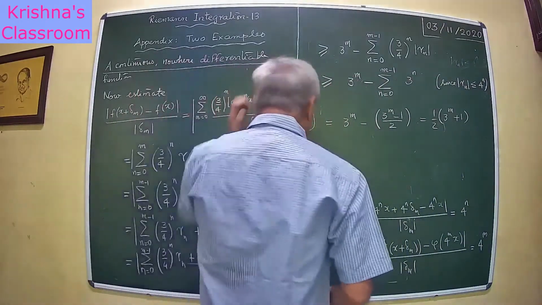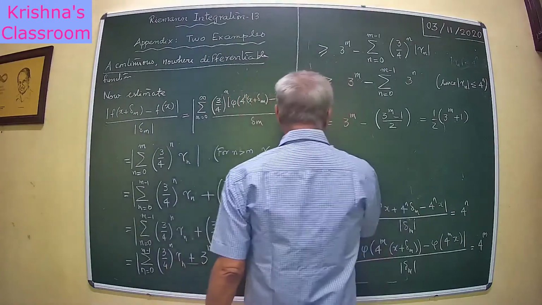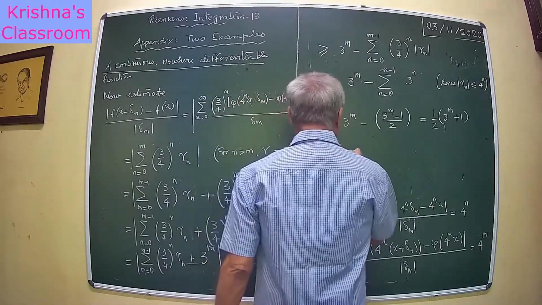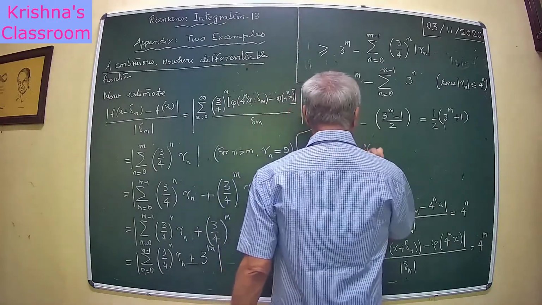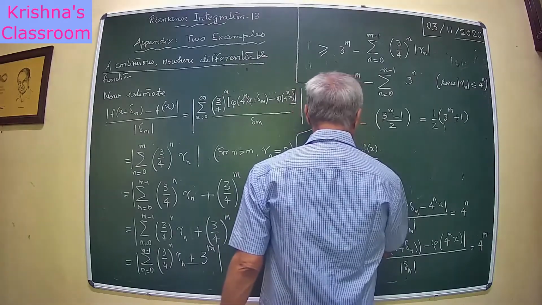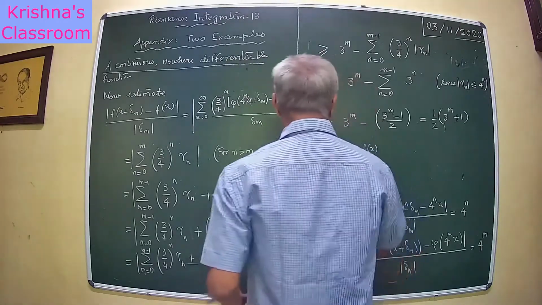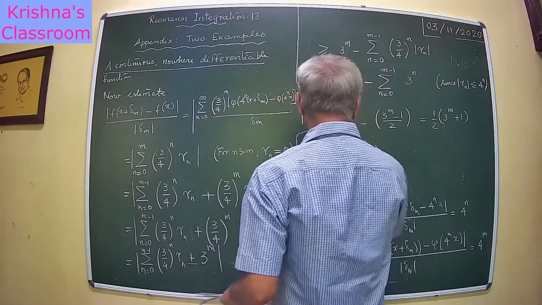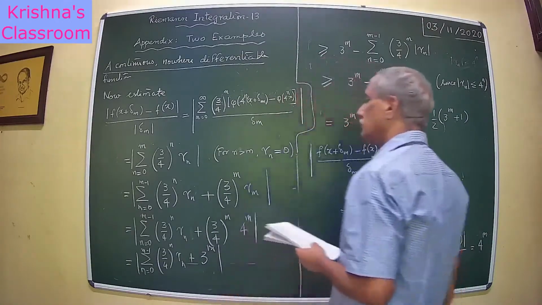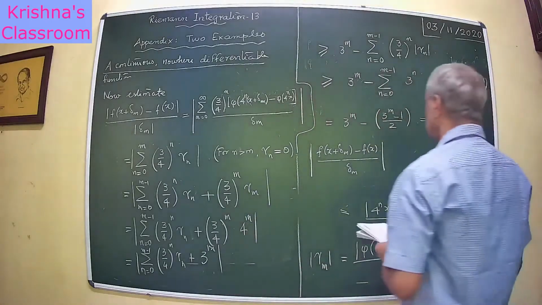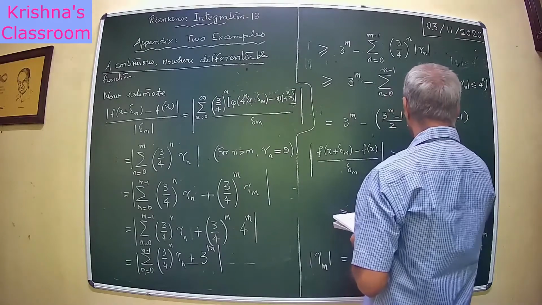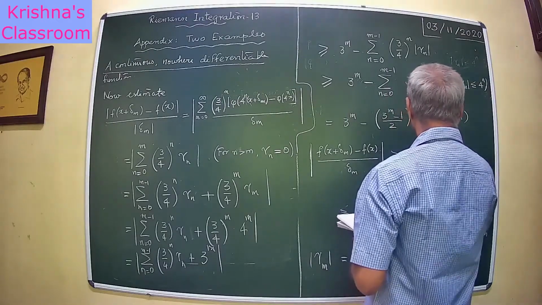So what you end up with is the following: f of x plus delta m minus x is greater than or equal to half of e to the power m.